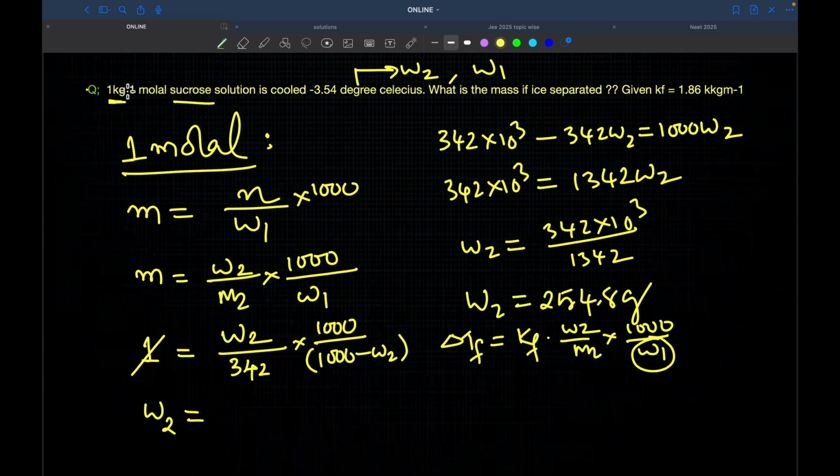From the 1 molal solution we calculated the weight of solute, then we have to solve for W1.